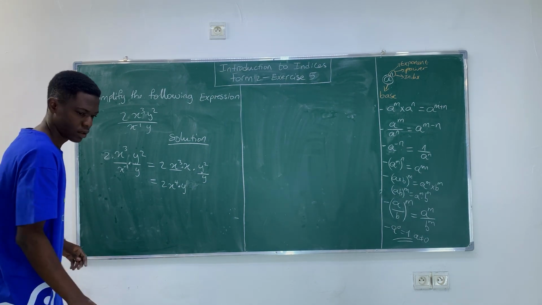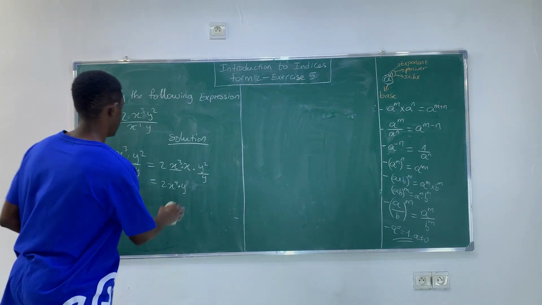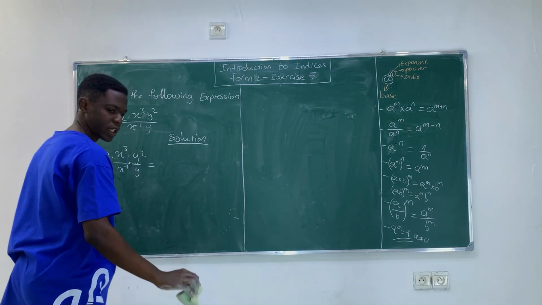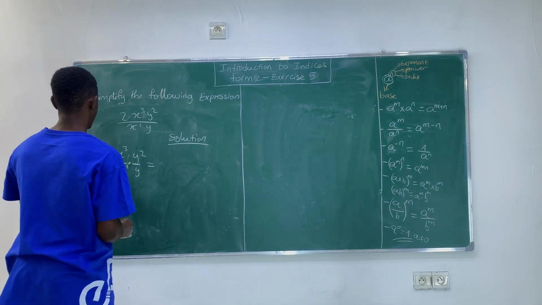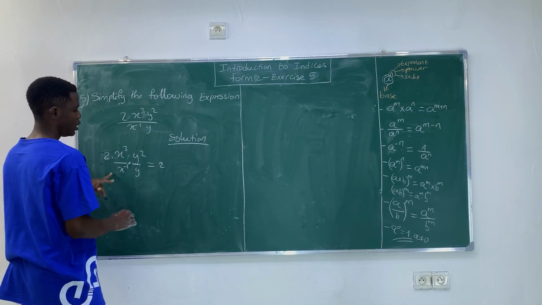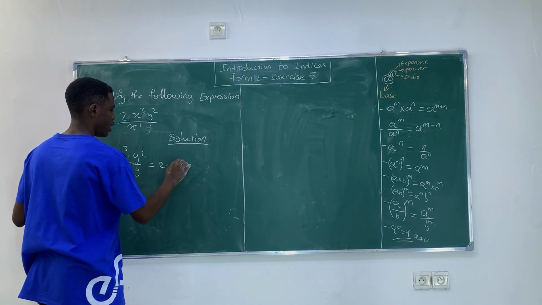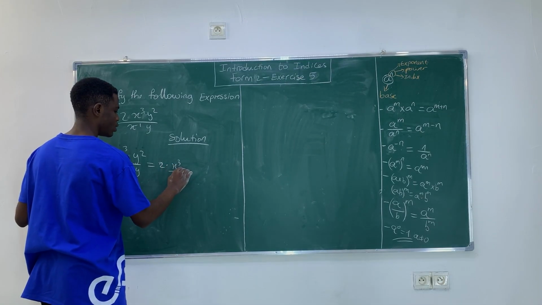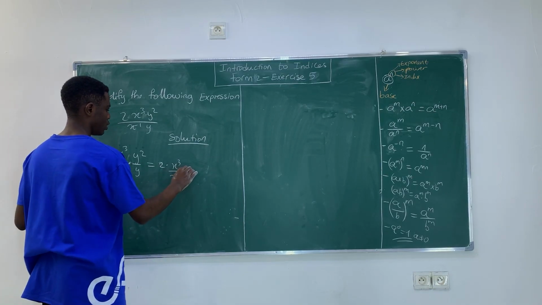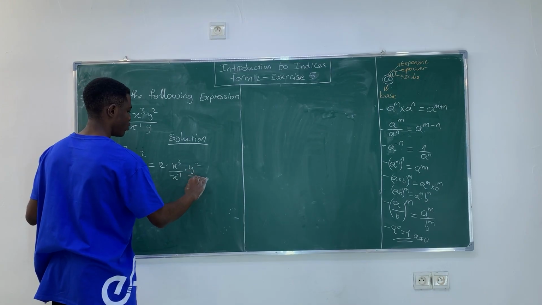So what have we done here? Let me expand it further. Here I put my 2. Here I have x cubed over x to the negative 1, and y squared over y.